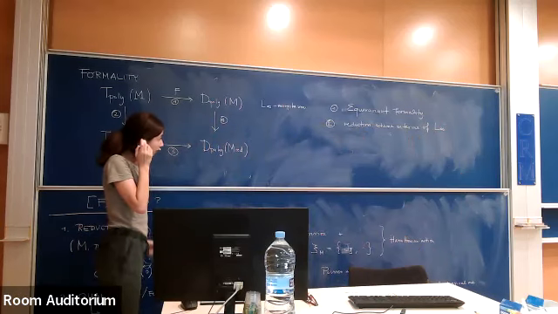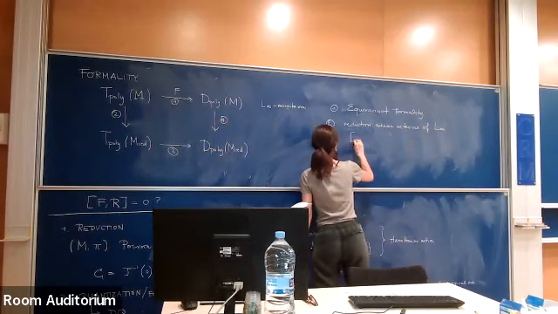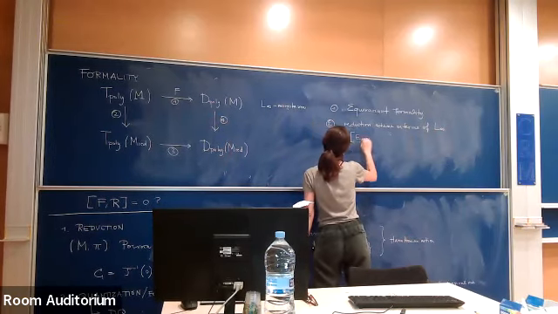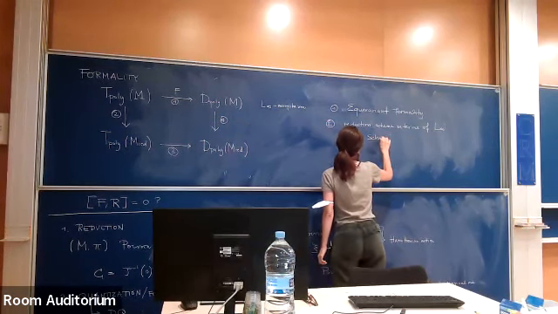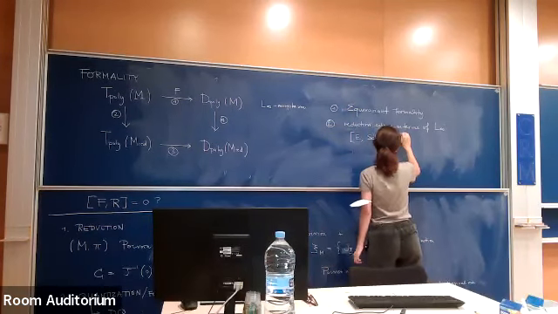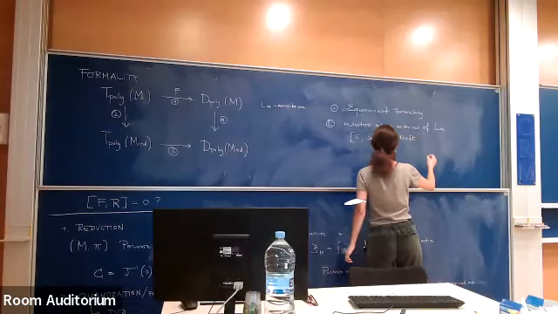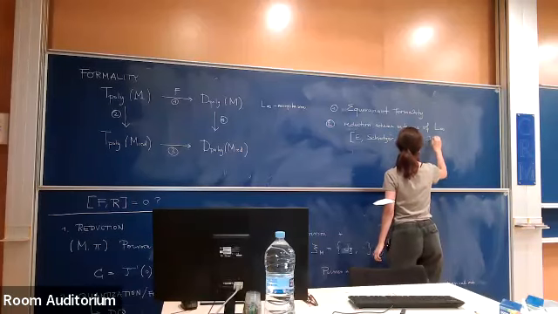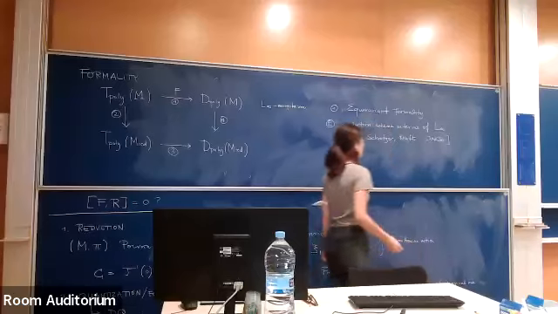This is a joint project with Jonas Schnitzer and my PhD student, Andreas Kraft, and it was published in the Journal of Noncommutative Geometry, I think a year ago or so.